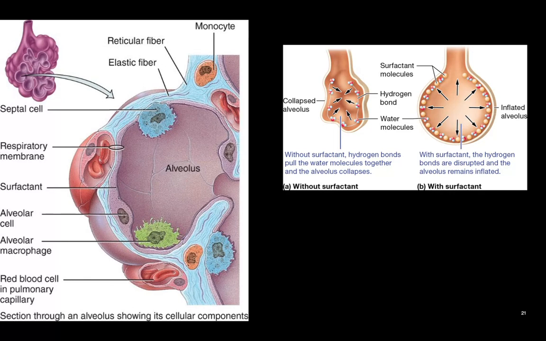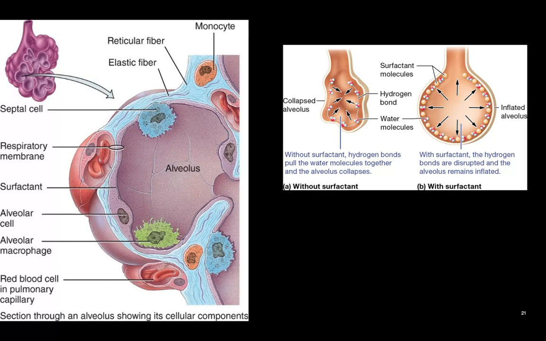Some other things we have in the alveolus are alveolar macrophages, which are a type of immune cell. They're phagocytic cells, so they are going to remove dust particles or other debris that could end up in the alveolar space. I think it's something like 2 million macrophages per hour die, and they get moved up our respiratory tract and we swallow them.